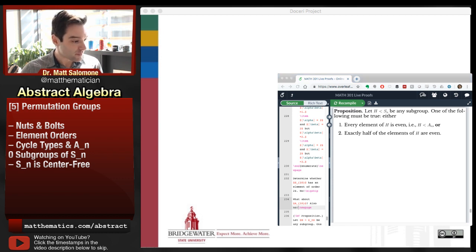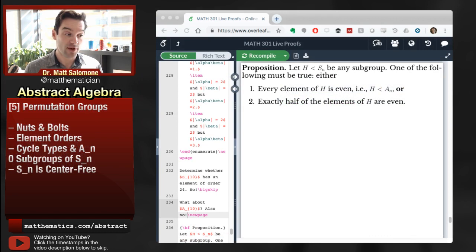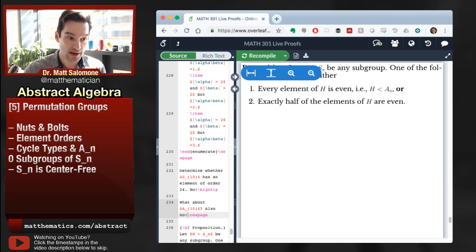So real quickly, let's take a look at the statement of this proposition before we pull out a napkin and start trying to prove it. Here we're starting with a subgroup of the symmetric group on n symbols. We don't know what the value of n is. I'm going to assume that it's at least 3, so we have an interesting group. And we have a subgroup H of Sn.